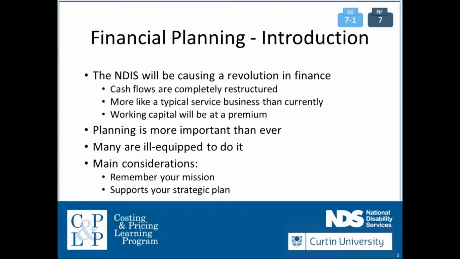Those financial planning aspects, of course, include our budget process and are built from our budget process, but they also include the impacts of our costing and pricing so that we can understand what our target price gap is, which gives us an understanding both at the individual service level and also at the aggregate level what our potential problems are going to be as far as funding our organisation going forward.